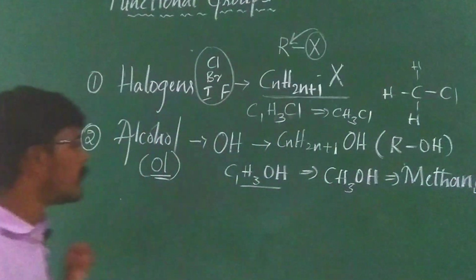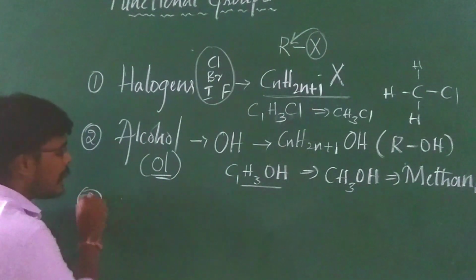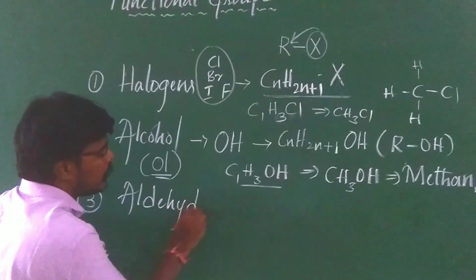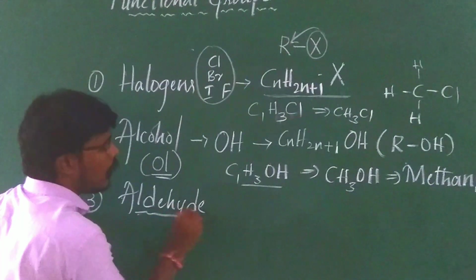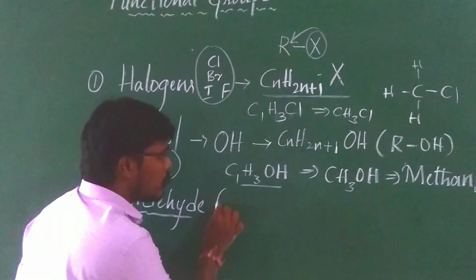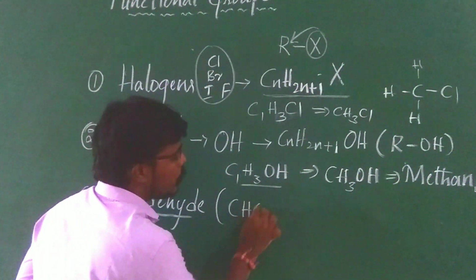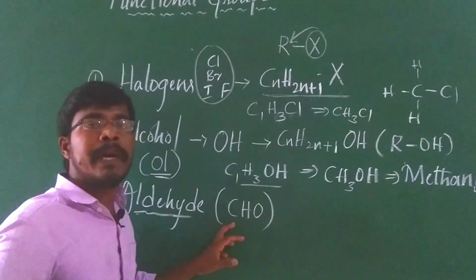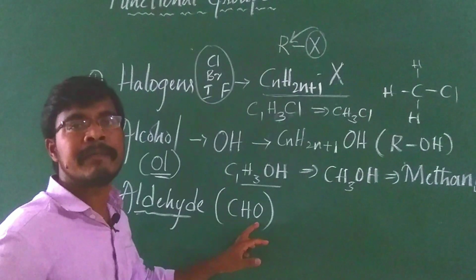Then the third functional group, I am going with the third one. It is aldehyde. Aldehydes are represented by using the CHO carbonyl group. Carbon, hydrogen and oxygen will be present.